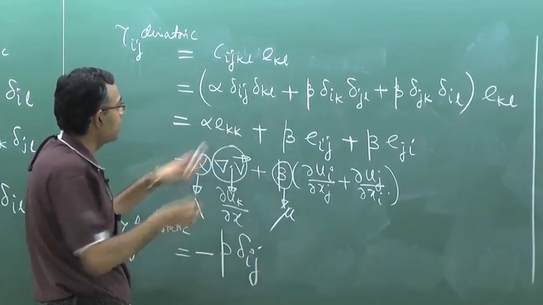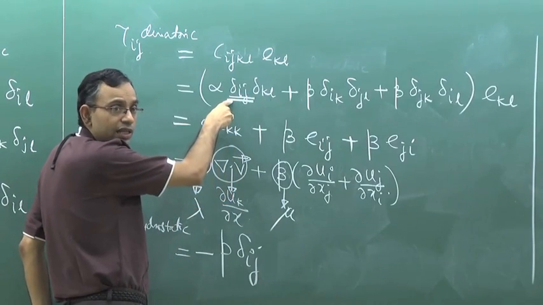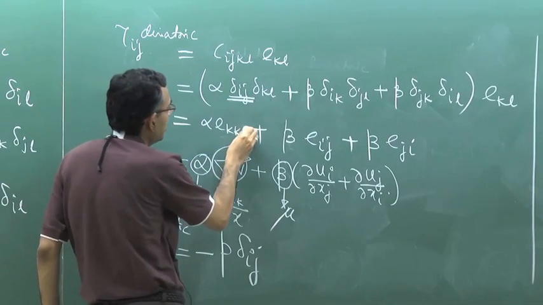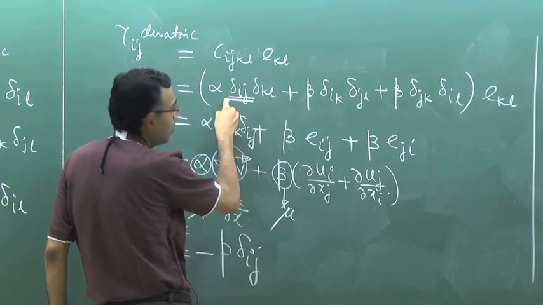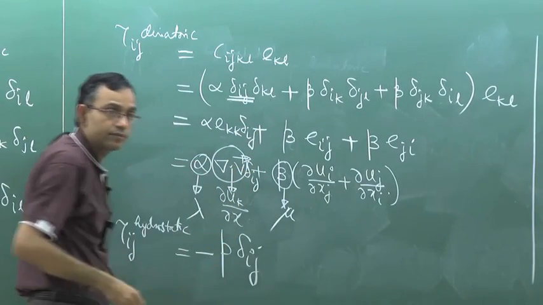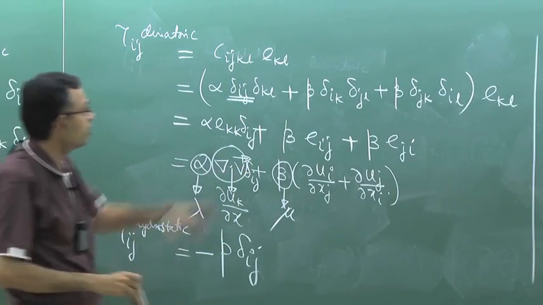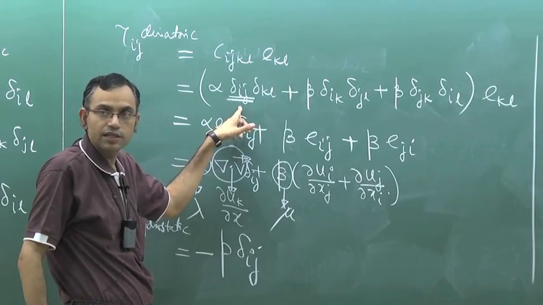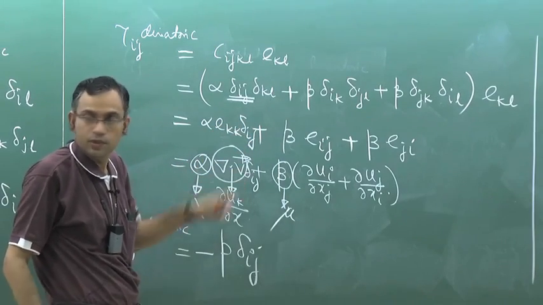One term we had missed, I forgot to write this delta ij, please correct this. So, this will be this times delta ij. Yes, there was a delta ij here, I just forgot to write it. Okay.